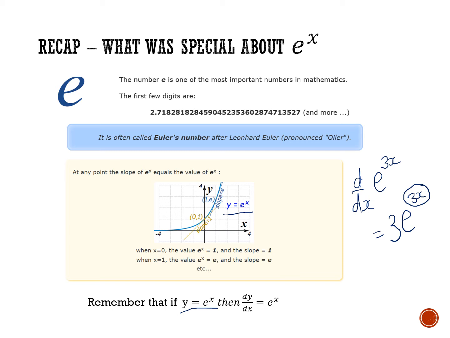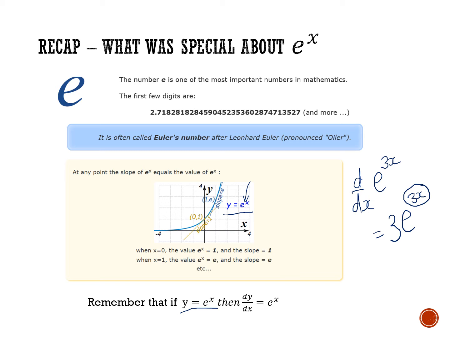More of this will come out next lesson, but we can think about why that might occur in nature, for example population growth. The population is going to grow according to how many people there are in that population. So the rate of growth is going to be proportional to how many people there are, and hence its growth is a function of e to the x.